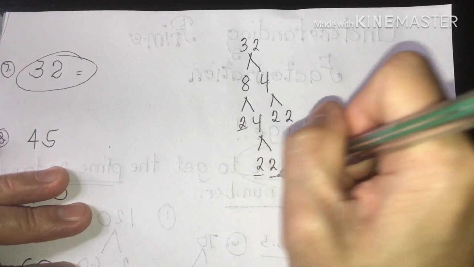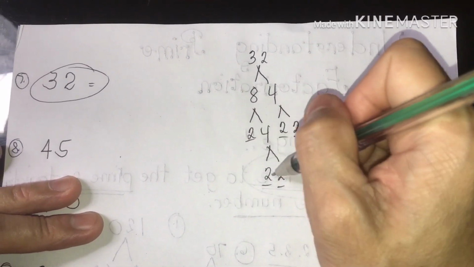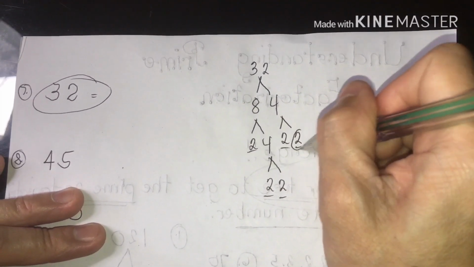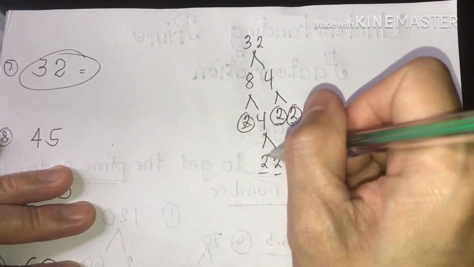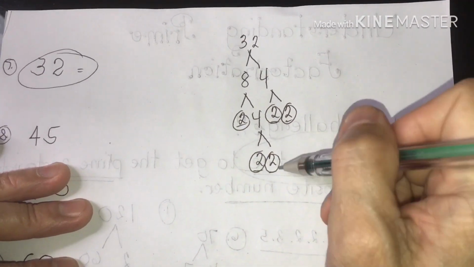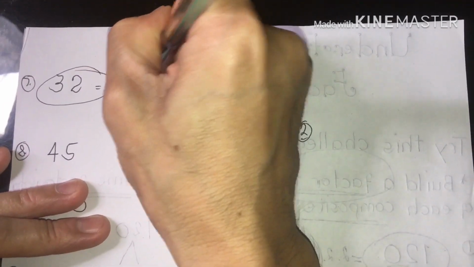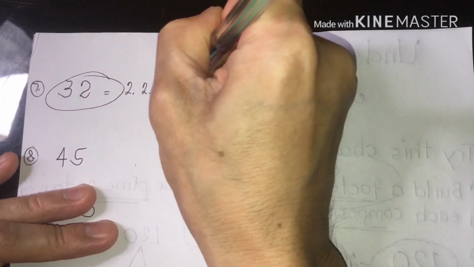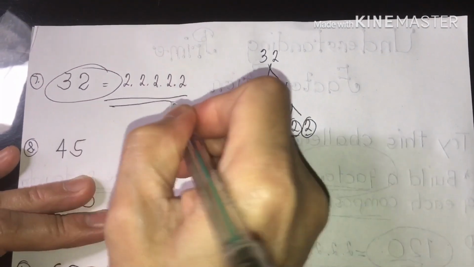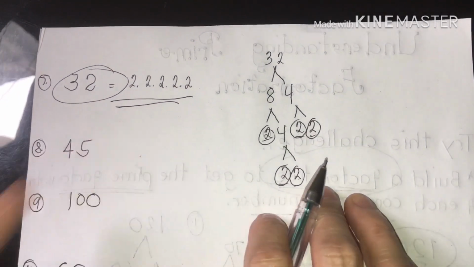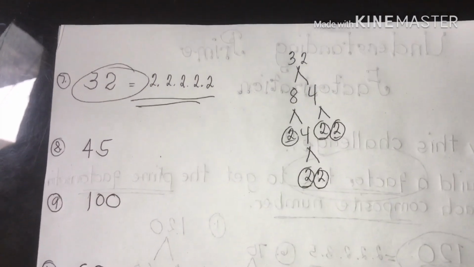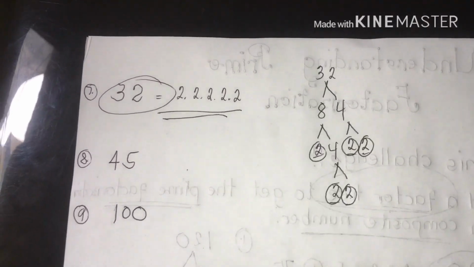So we're going to count how many 2's there are: 1, 2, 3, 4, 5. You're going to encircle them to avoid confusion. We're going to use that. This is very clear, class, when you use dots and encircle each factor.